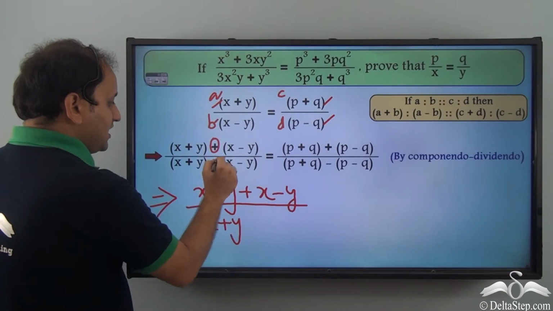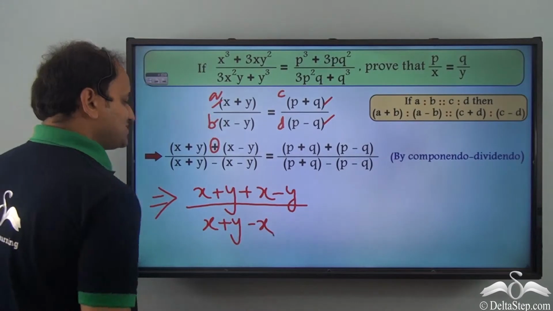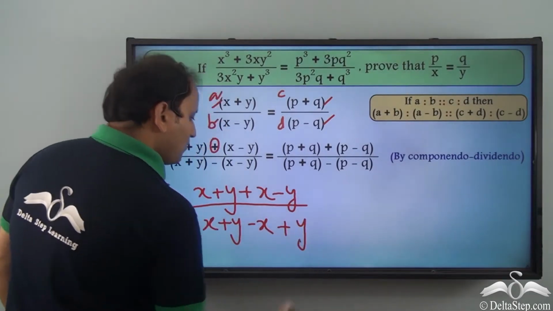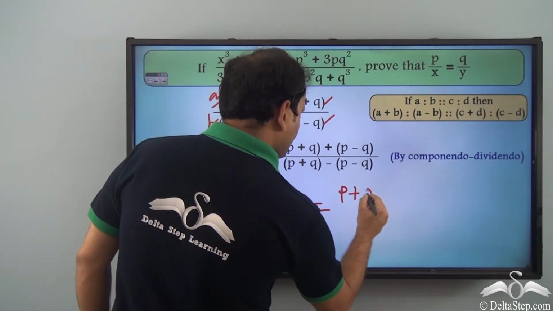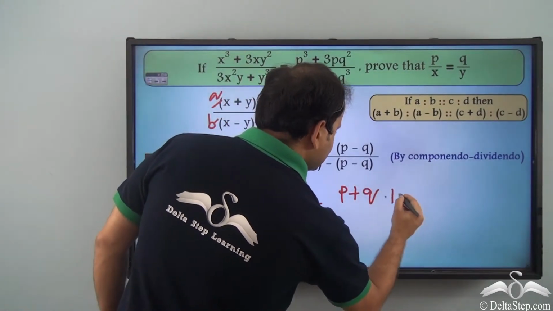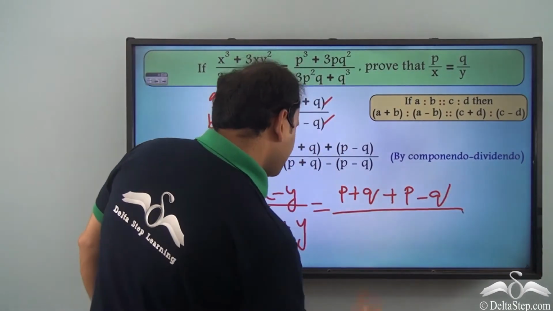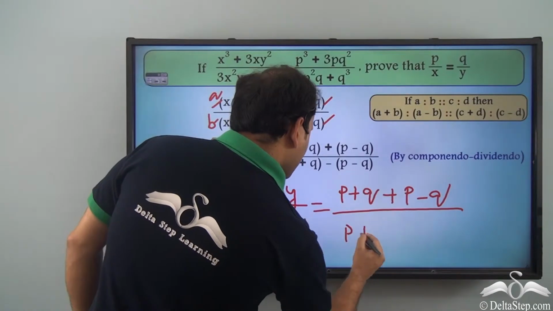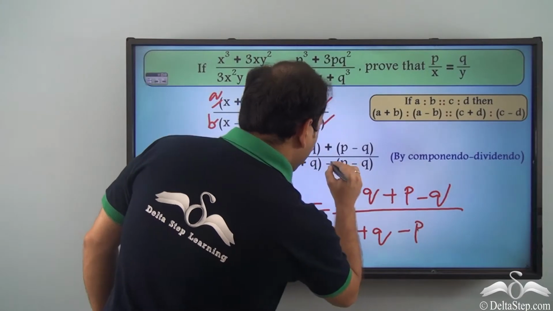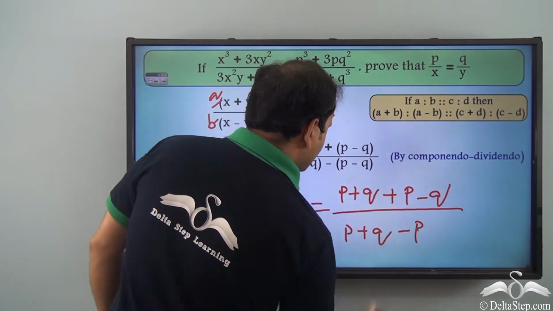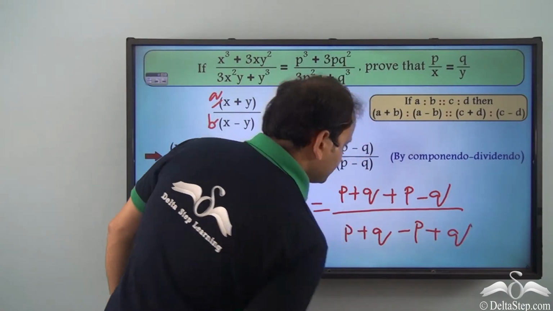So minus into plus x will be minus x, and minus into minus y will be plus y. This will be equal to p plus q plus p minus q by p plus q minus p, minus plus p is minus p, minus q will be plus q.